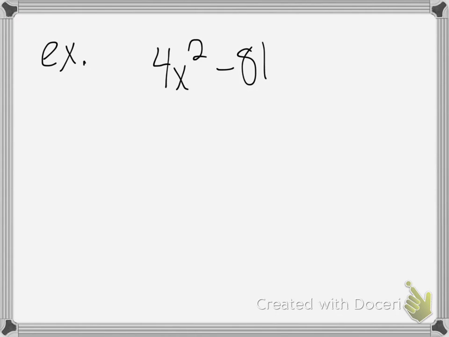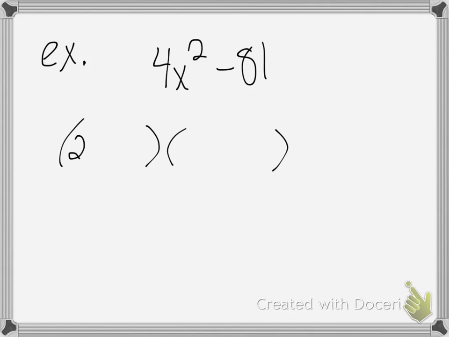So here's an example with actual numbers. Can I take the square root of 4x squared? Yes, I can. Can I take the square root of 81? Yes, I can. Are they being subtracted? Yes, so this is a difference of squares. So I can create my 2 sets of parentheses. What's the square root of 4x squared? 2x.